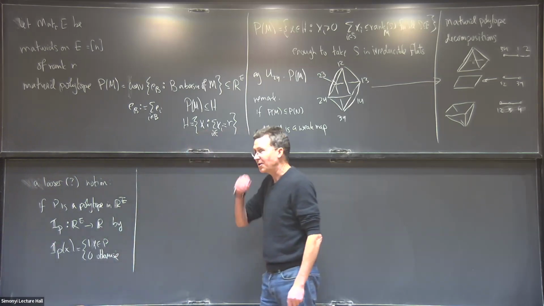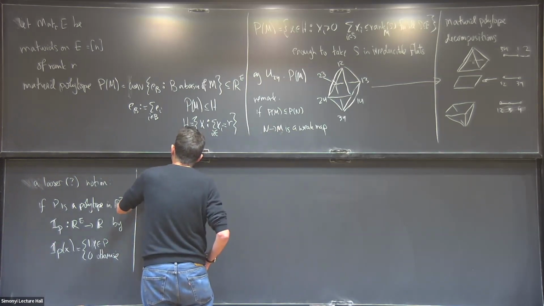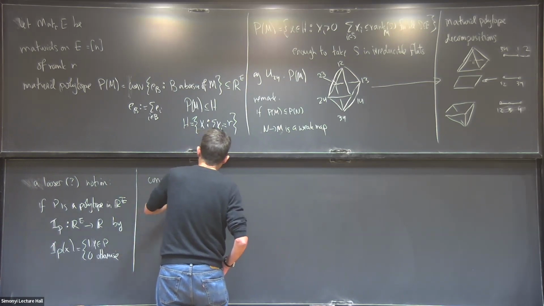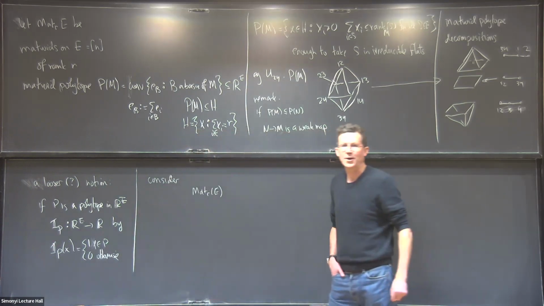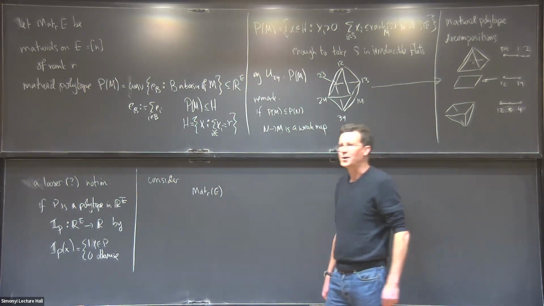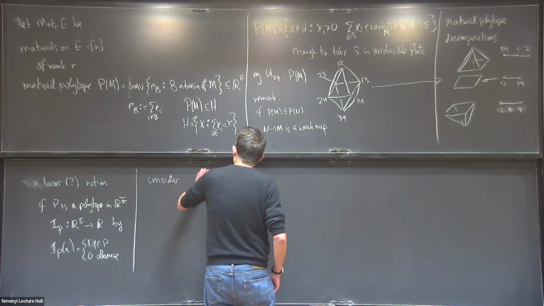And then we can consider what happens if I take a matroid to the indicator function on its matroid polytope.